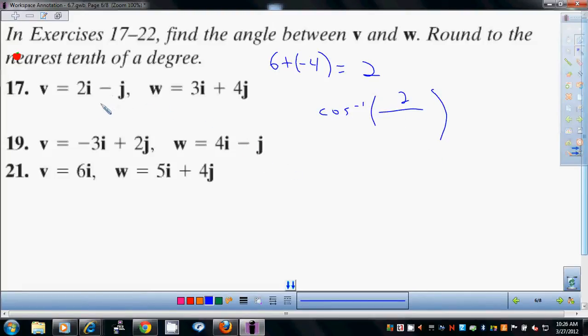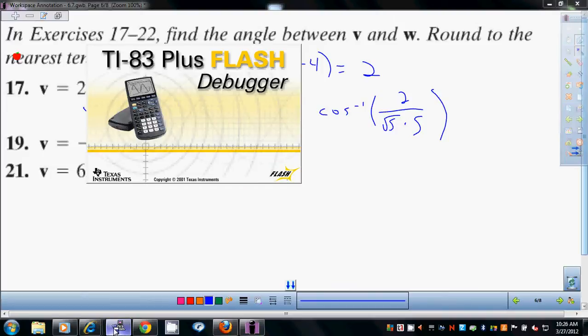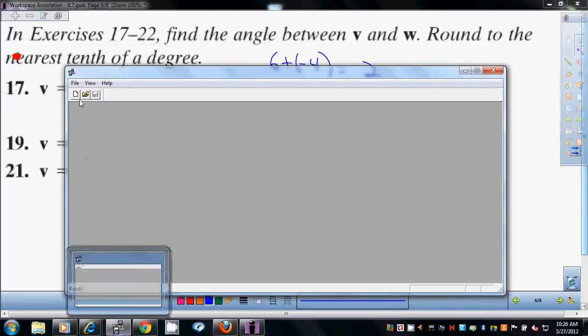What's the magnitude of this one after Pythagorean theorem? I know some of you guys are pretty quick at this. A squared plus B squared, square root of 5. What's the magnitude of this guy? 5. So this is going to be square root of 5 times 5. And you don't have to rationalize that, you're just putting it in the calculator. And we're going to be in degrees all day today.